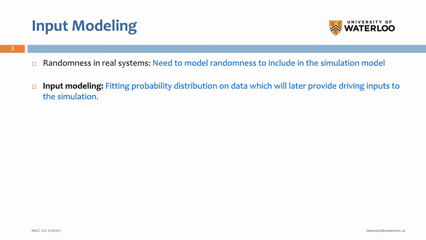In chapters 2 and 3 of our course, we were focusing on just building a simulation model and then implementing it in Excel or Arena. And the input data, the input models, for example inter-arrival time or service time, those were given.